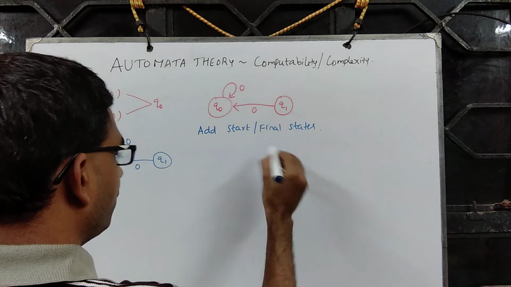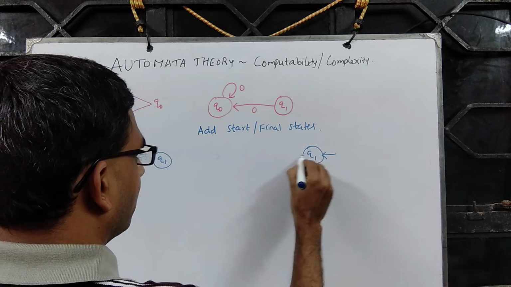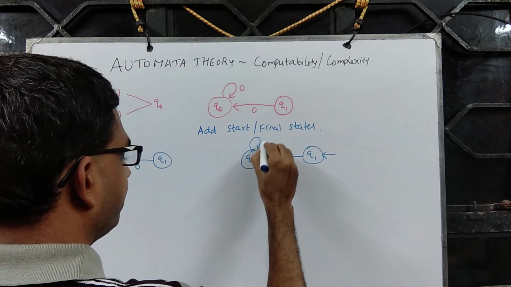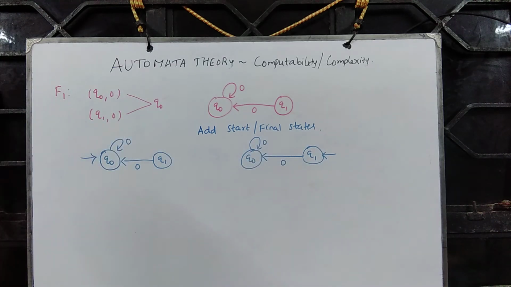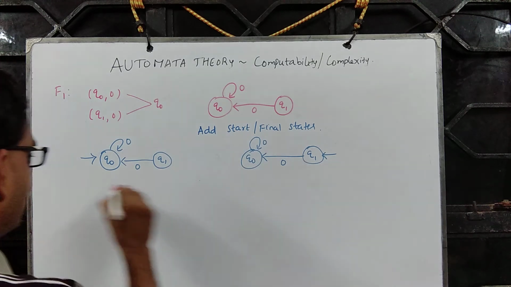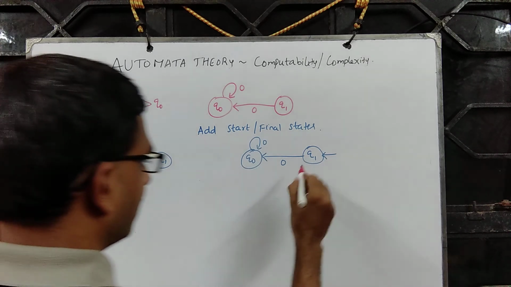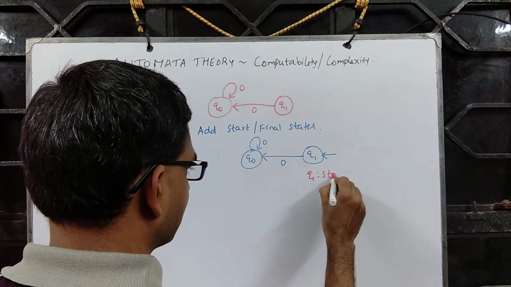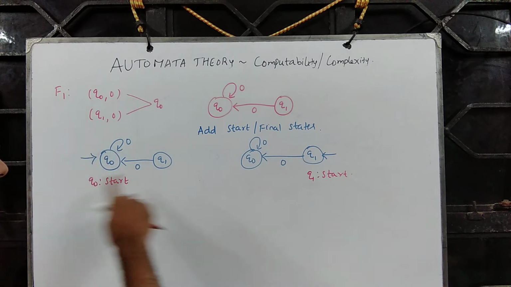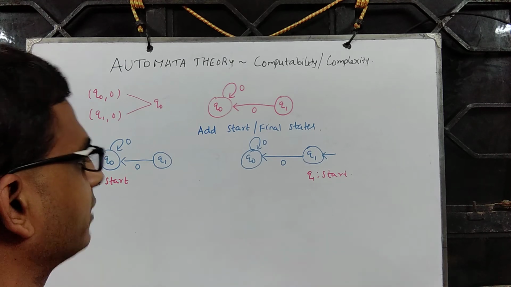And if you assume q1 is your final state, then we get this automaton. Okay. Now this is by adding initial states. Now in this case, q0 is the start state, and in this case q1 is your start state. So now just one function giving us 2 more deterministic finite automatons.